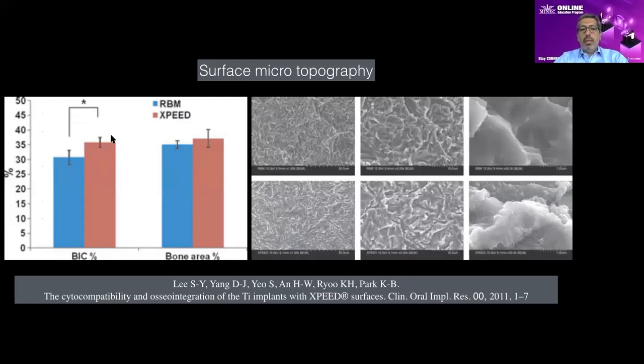We are now performing a study at St. Joseph University where we are trying to study the effect of the surface on bone healing around these implants at 4 weeks and at 6 weeks. I'll show you some of the histological slides, but the results are still pending and will be published very soon, hopefully.